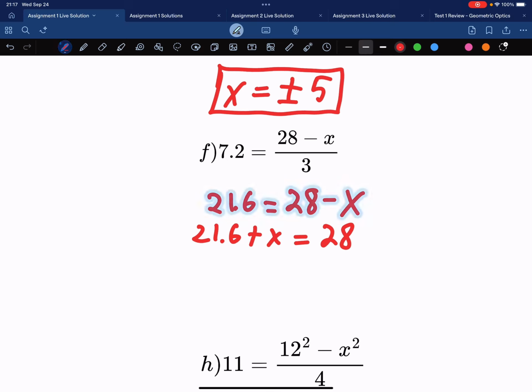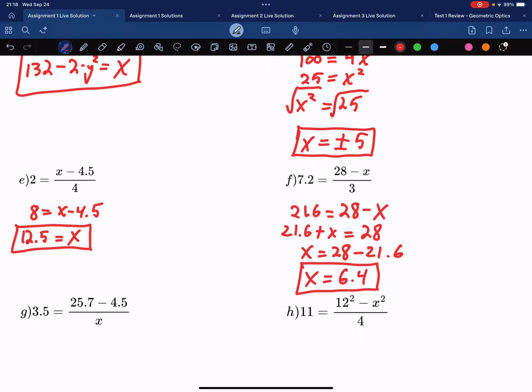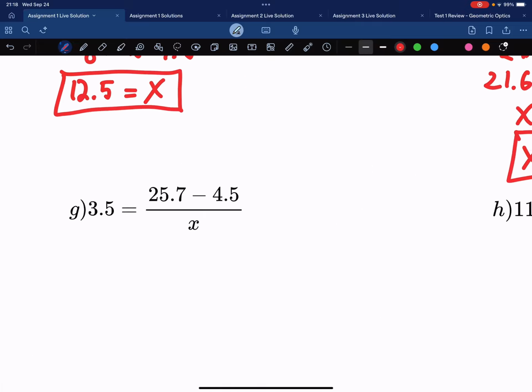And then I'm going to subtract 21.6 from both sides. So I have 28 minus 21.6, and that will get me, I believe, 6.4. Yeah, 6.4. Okay. Had to double check that in my head.